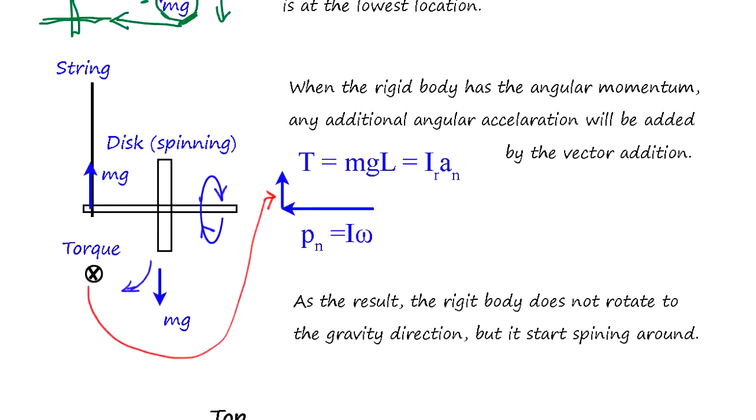When the disc is spinning in this direction, what happens is that it has an angular momentum. This angular momentum is the spinning speed, omega, and the moment of inertia of this disc.